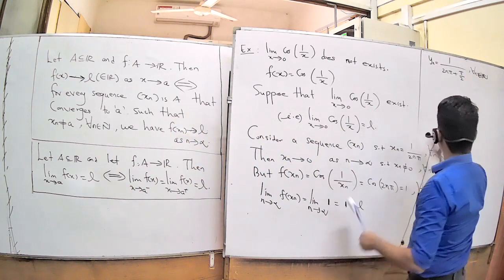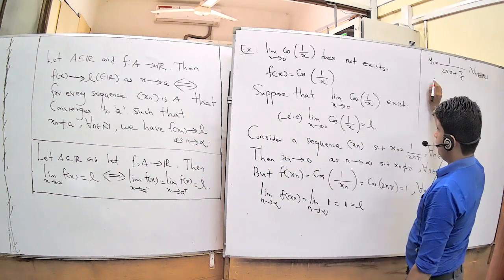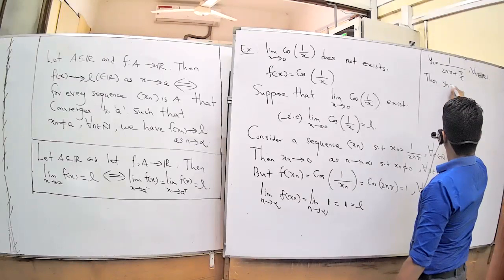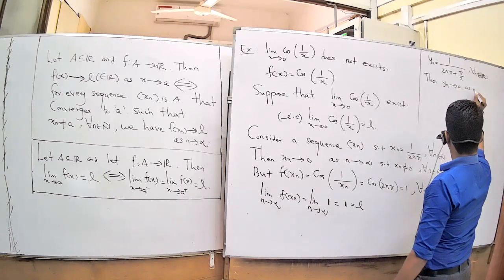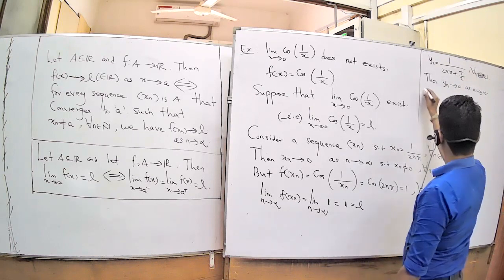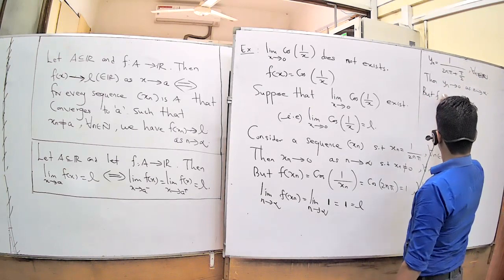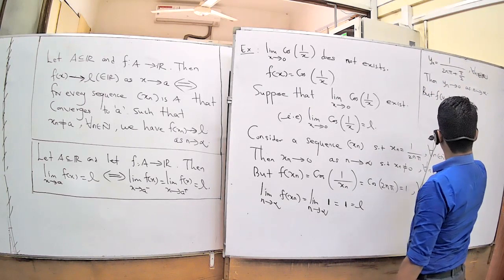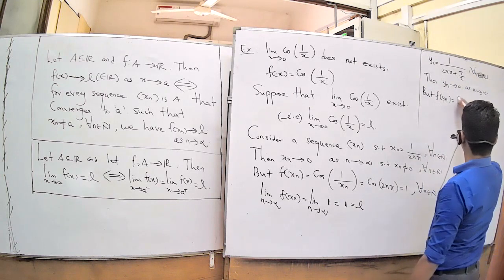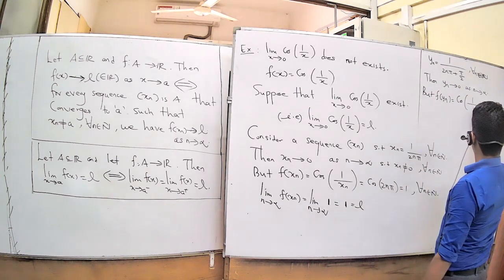Now, therefore, your yn tends to 0 as n tends to infinity. But what is f of yn equal to? F of yn means cos 1 over yn.